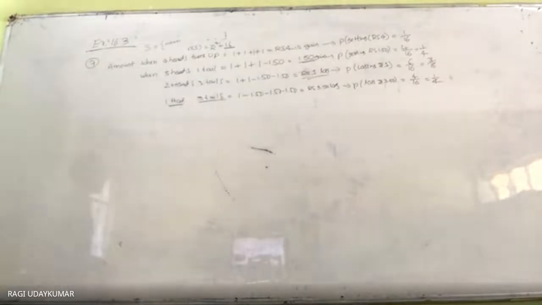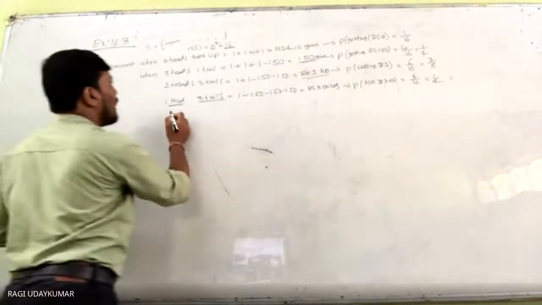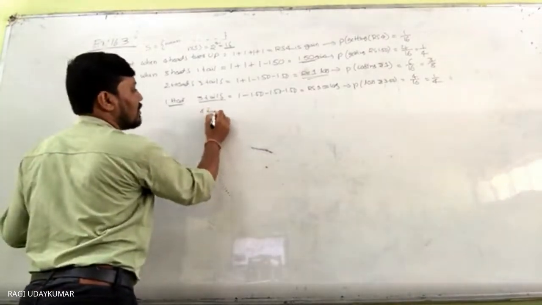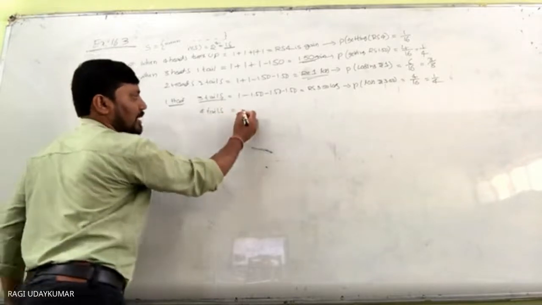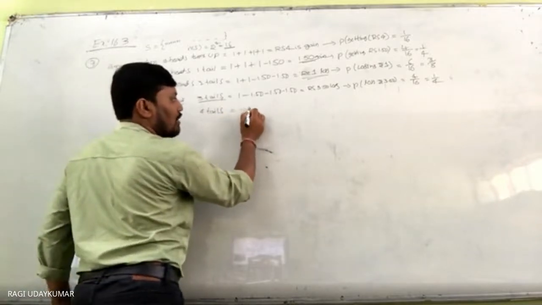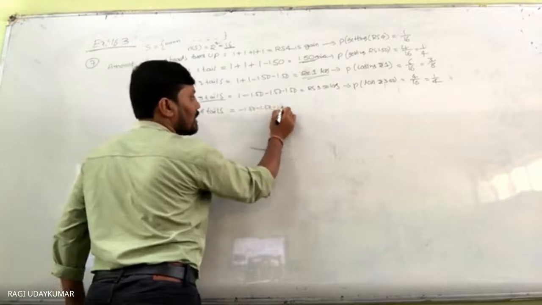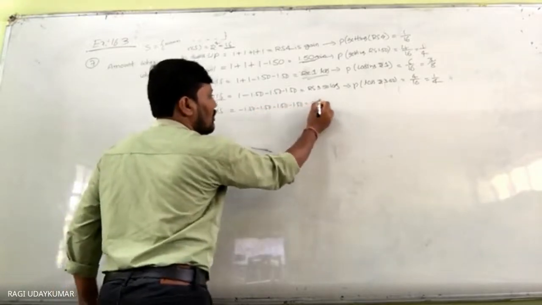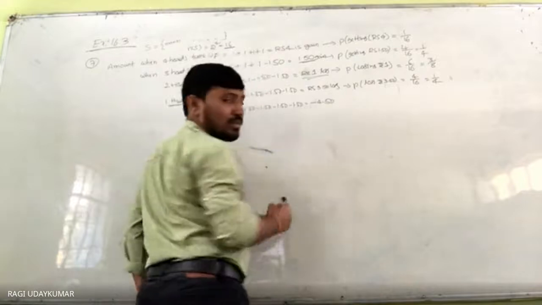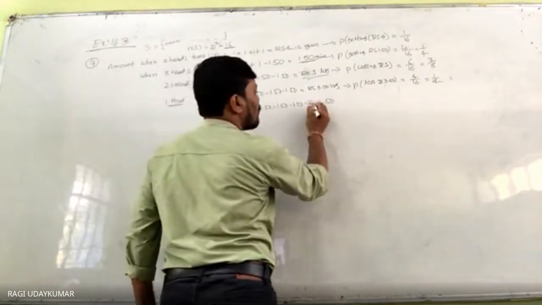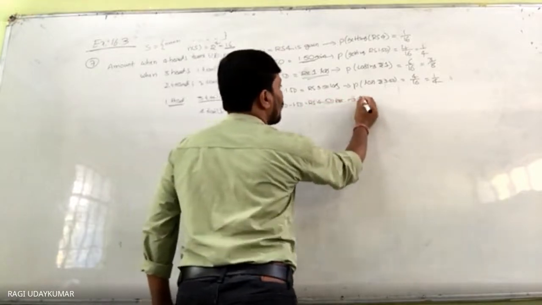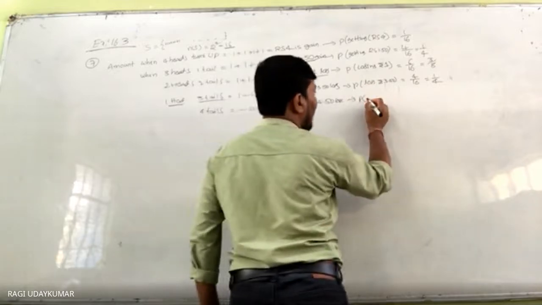The last one is 0 heads, 4 tails. 0 heads means 4 out of 4 tails. So loss of minus 1.50, minus 1.50, minus 1.50, minus 1.50, so that is nothing but 6 rupees loss. 6 rupees loss होने का probability क्या है?